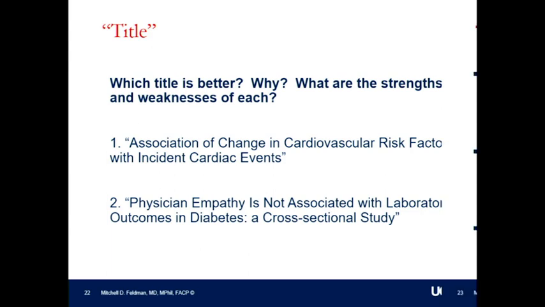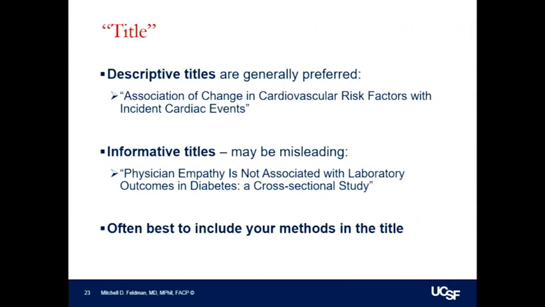So I would say generally descriptive titles are better. This one is descriptive. It's just saying this is what the research was about: we looked at the association of change in cardiovascular risk factors with incident cardiac events. So that's just describing.